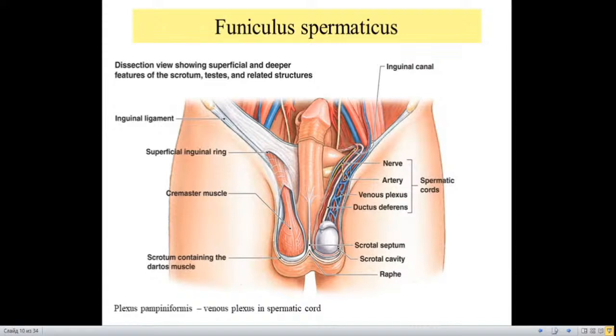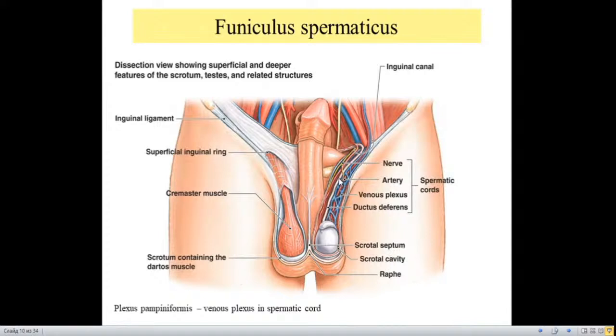Next, funiculus spermaticus or spermatic cord. Actually, it is not really an organ, so I did not list it when we talked about male genital organs. It is a combination of structures involved in reproduction as well. So, what are the basic components? One of them we mentioned many times, ductus deferens or vas deferens, the basic component of the spermatic cord.